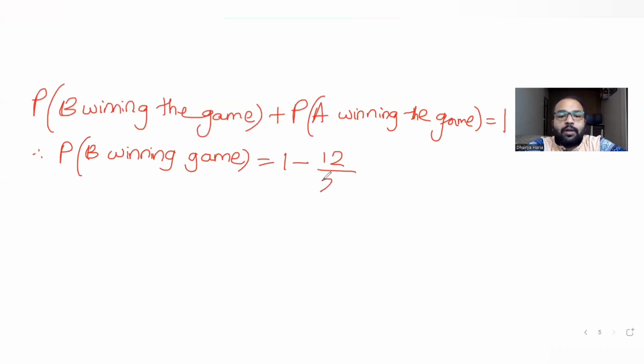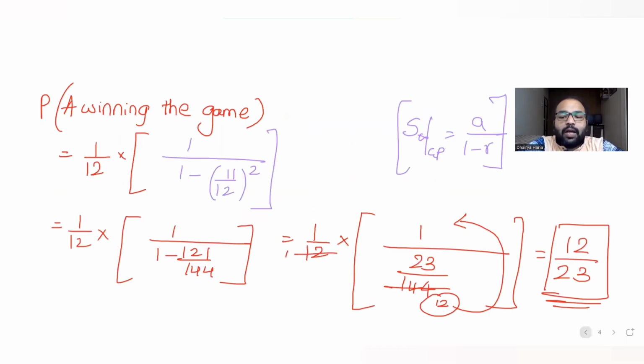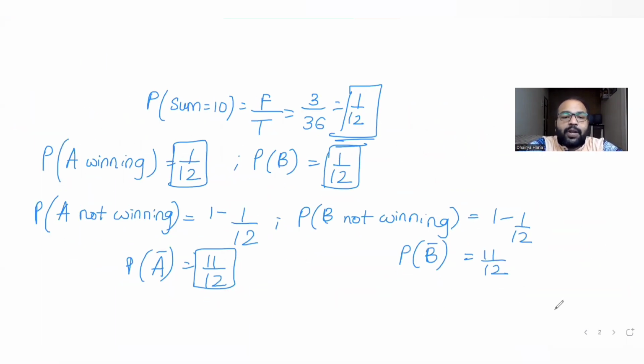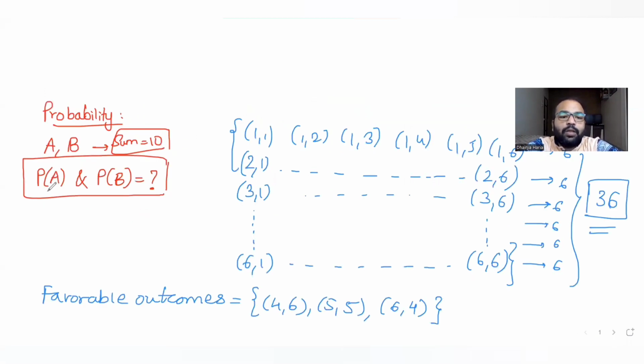So it becomes 1 minus 12 by 23, that is 11 by 23. We had been asked to find the respective probabilities of A and B winning the game, and we have got 12 by 23 and 11 by 23.